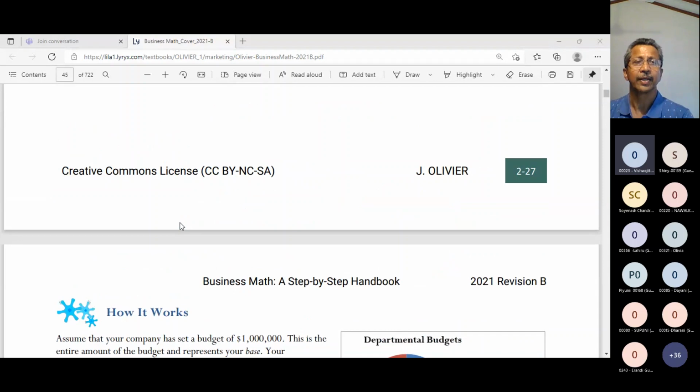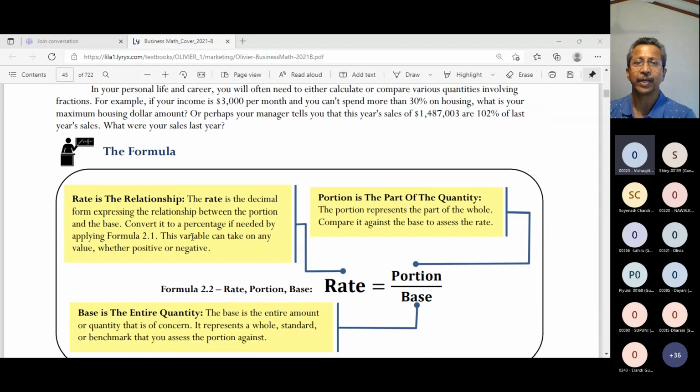Now we take this example. The rate is the portion divided by the base. The rate is the decimal form expressing the relationship between the portion and the base. Convert it to a percentage if needed by applying formula 2.1, that is, multiply by 100.